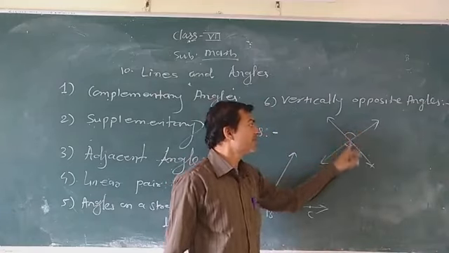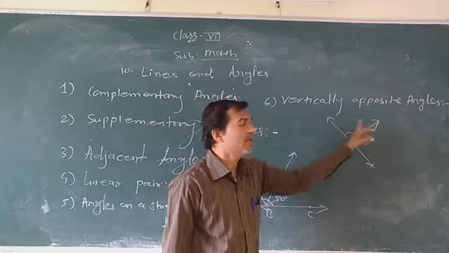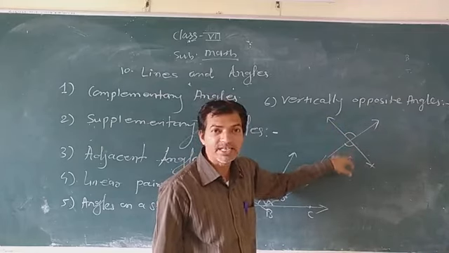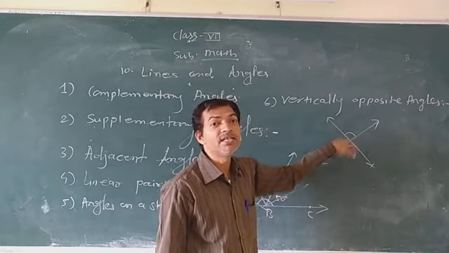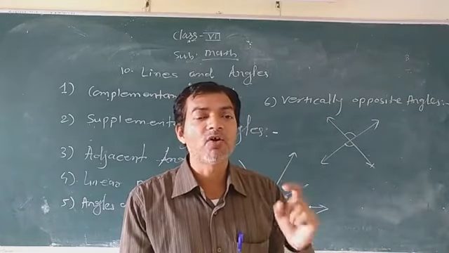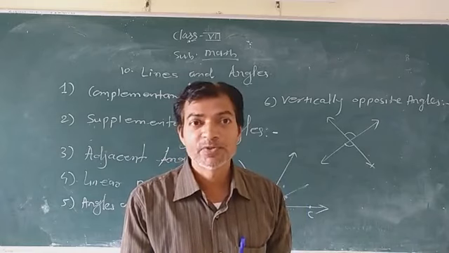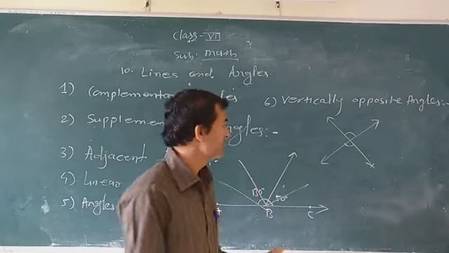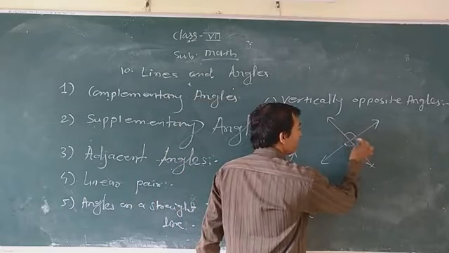These two angles are known as vertically opposite angles. These two angles are opposite angles. And vertically opposite angles are always equal in measure. दोनों का मेजरमेंट सेम होता है. Also these two angles are vertically opposite.